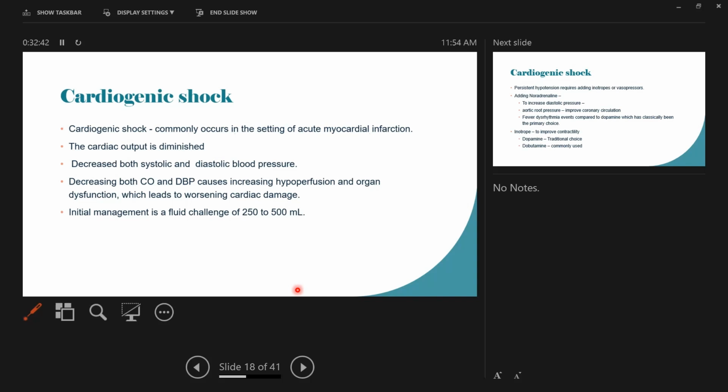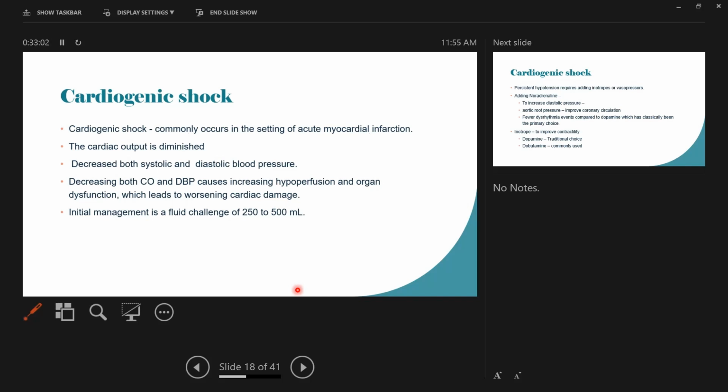In this cardiogenic shock, there is myocardial dysfunction and your cardiac output is affected. Stroke volume may be affected, and sometimes the heart rate, depending on where your ischemia occurs. So in initial management, you're allowed to give fluid challenges, but not to overload these patients.